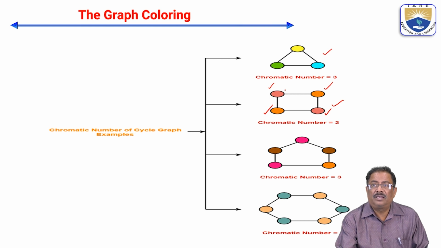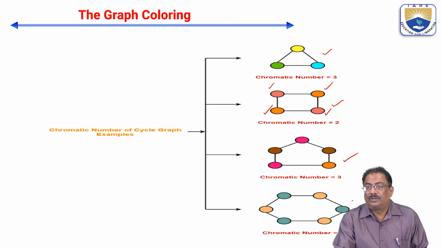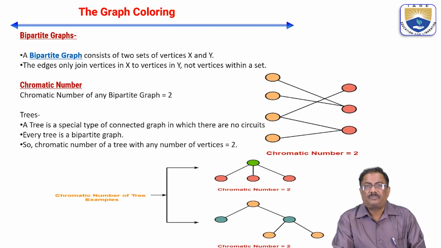So it is nothing but 2 colors. With the help of 2 colors we can make a graph properly colored. Of course, this is discussed already. So the chromatic number is 2.